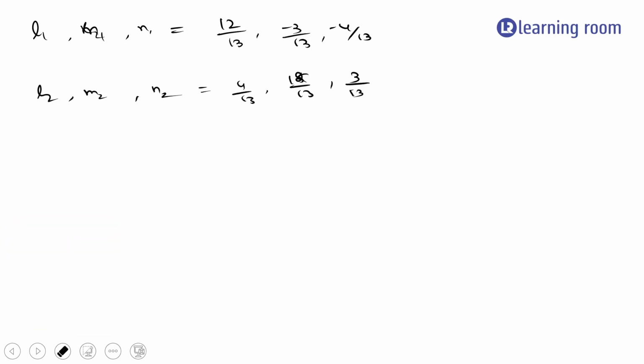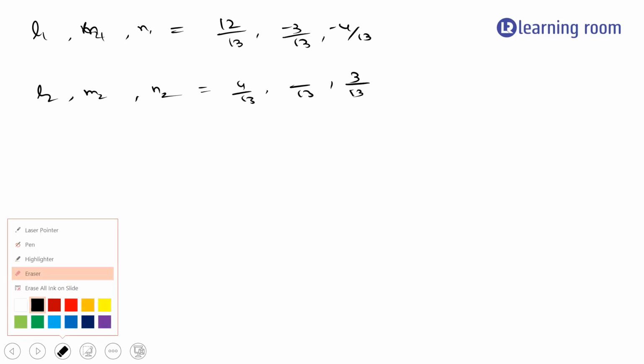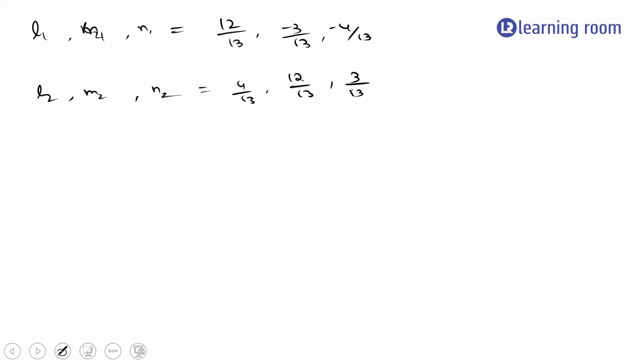These are our direction ratios. Another line, L3: 3 by 30, 4 by 30, 3 by 30, minus 4 by 30, 12 by 30.